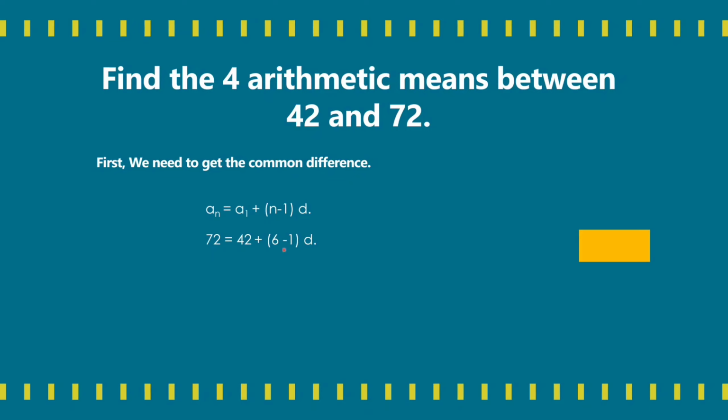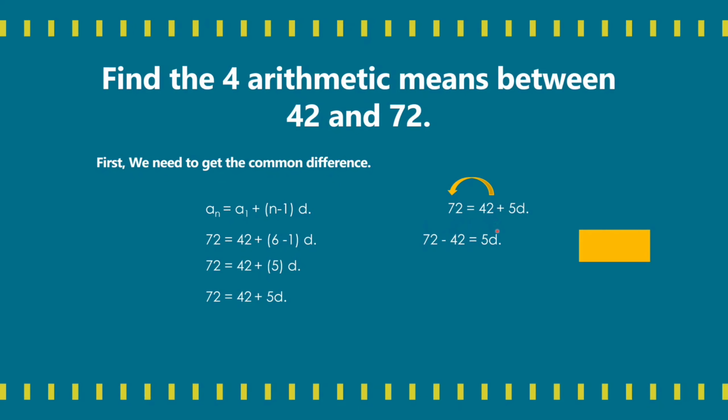First, 6 minus 1 becomes 5. So our equation becomes 72 is equal to 42 plus 5 multiplied by d. 5 multiplied by d becomes 5d. Now we need to put 42 beside 72, and 42 becomes negative 42.